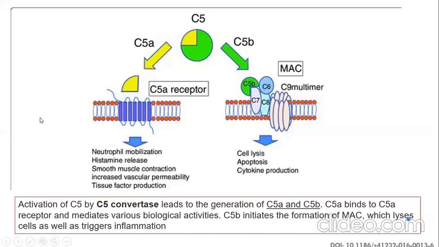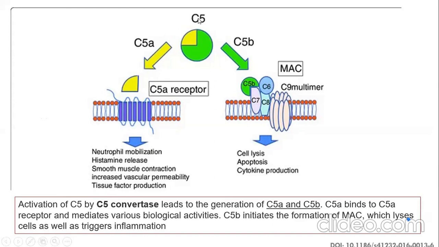So, in terms of C5 convertase, how does the enzyme work? This is the end of the lytic step. We will go through the steps from end to front so that you can understand it better. The ending step is the lytic pathway, where C5, one of the complement proteins, is involved. Activation of C5 by C5 convertase, the enzyme involved, leads to the generation of C5a and C5b.